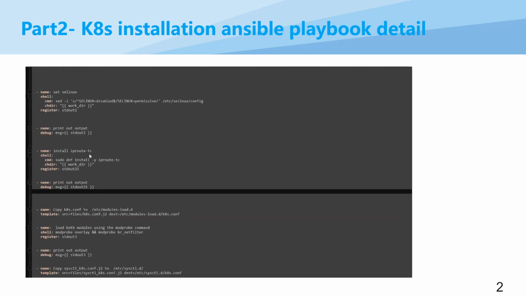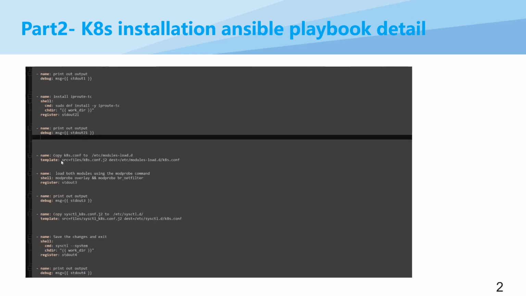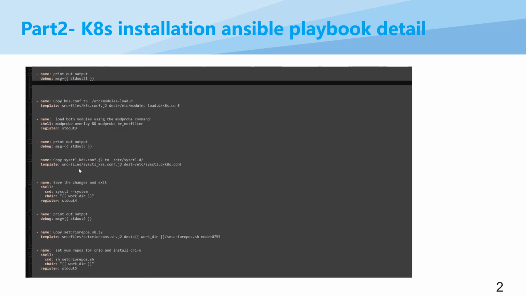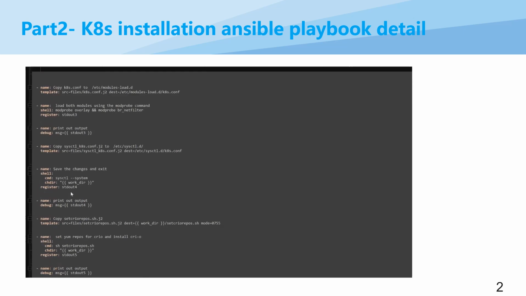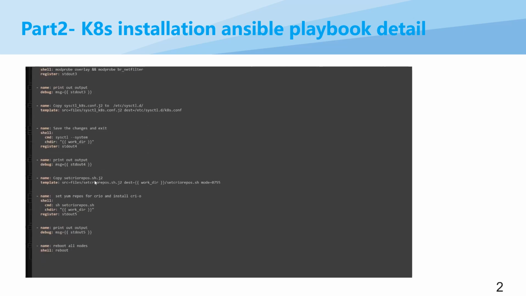Also install iproute-tc, and the Kubernetes.conf. After all this, we save the change and exit, and we set the repository for CRI-O, and then install CRI-O in this shell. Then reboot all the nodes, master node and worker nodes.